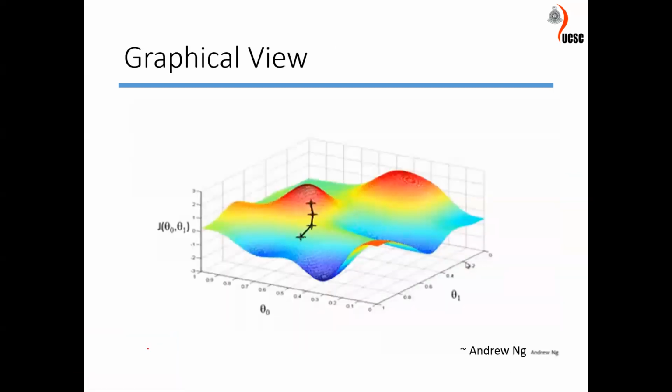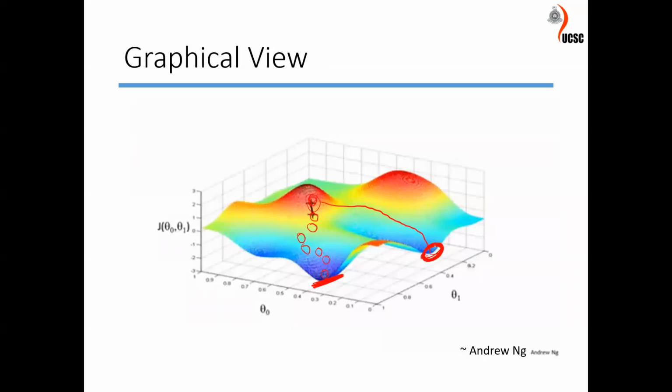So this is an illustration, right? Starting from some place like here, it will keep reducing the cost function, then it will eventually end up in a global minimum. Or you can go in this way and end up somewhere else like this, and this is the local minimum, which is not the best option.